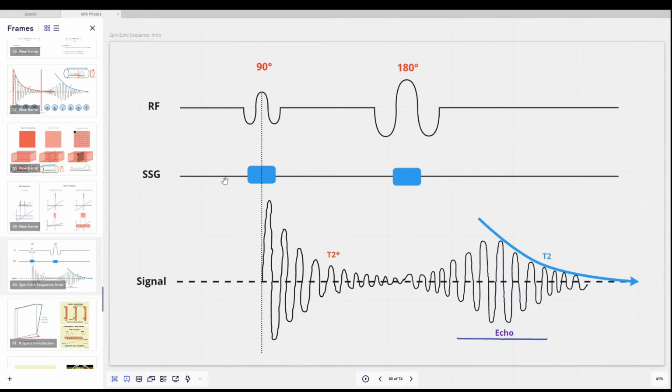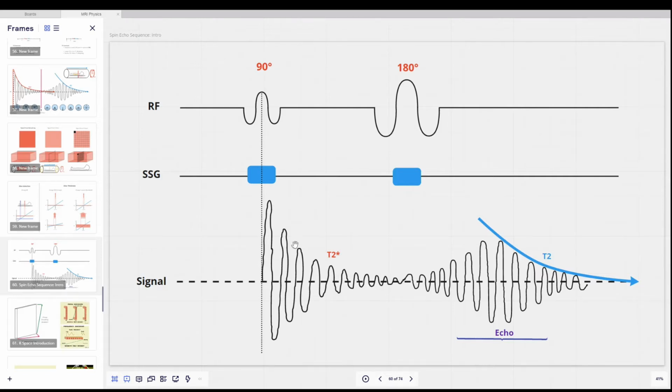So this RF pulse and slice select gradient together, this is what picks your slice. Okay, so they're applied together at the same time here. And when you do this, you start to generate signal here, right? So now we start to get signal.